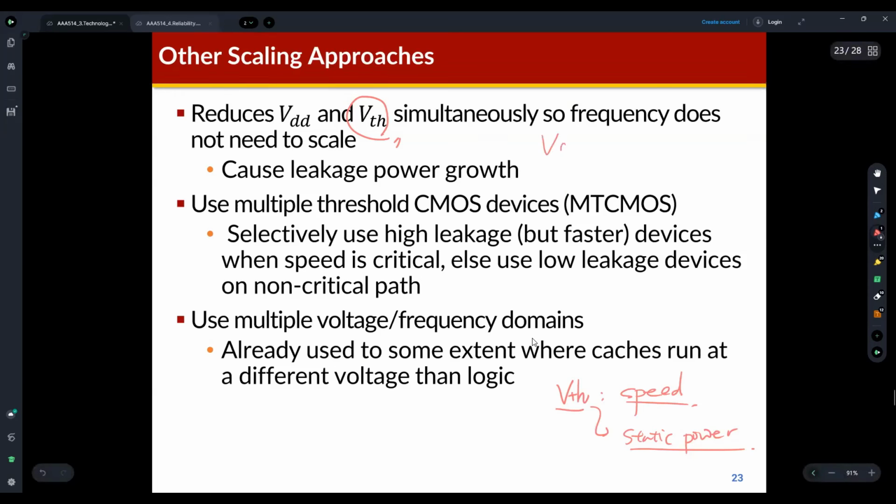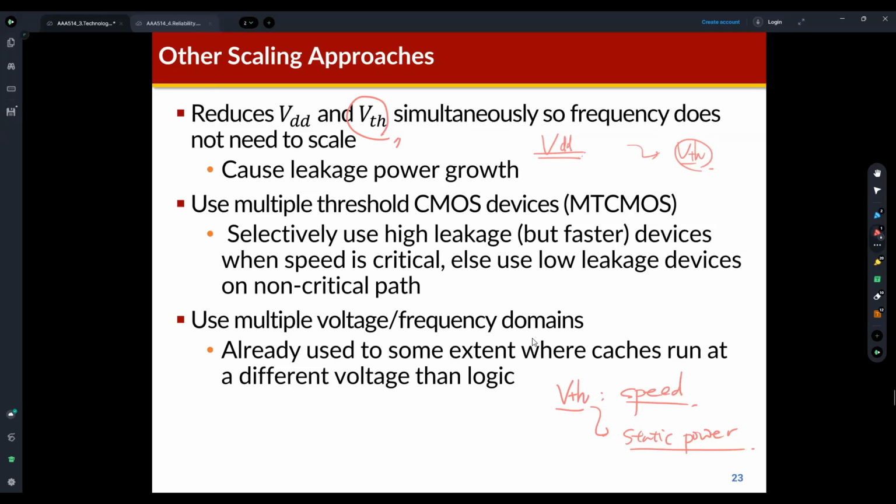The good thing of CMOS scaling is that we can reduce the VDD. And in order to reduce the supply voltage, we also need to reduce the threshold voltage. But the bad thing of reducing threshold voltage is that the static power increases exponentially. Recently the static power occupies almost half, 40 to 50% of the total power consumption.